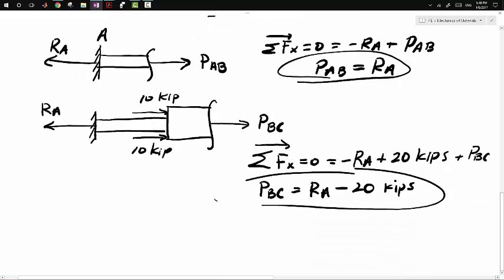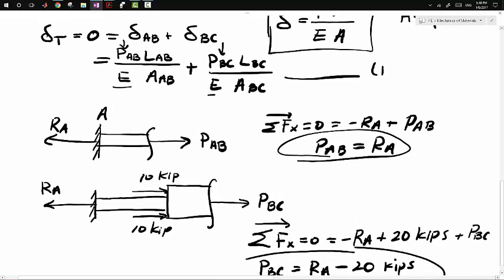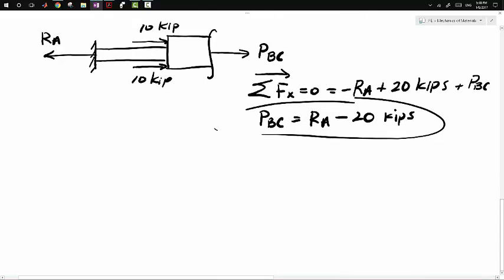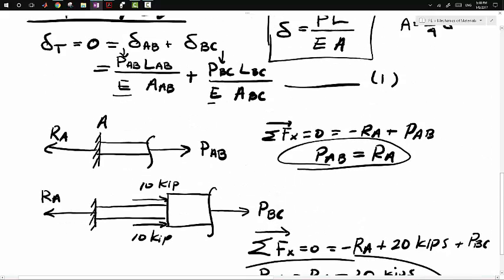So let's plug this into, we'll call this equation 1. Plug in everything into equation 1.